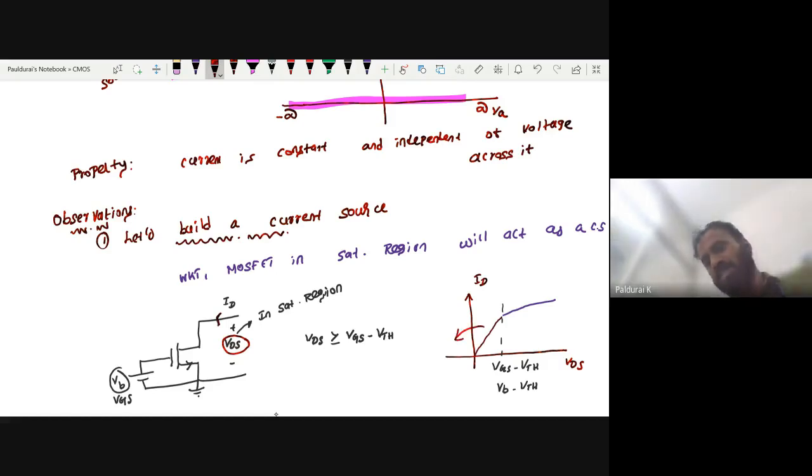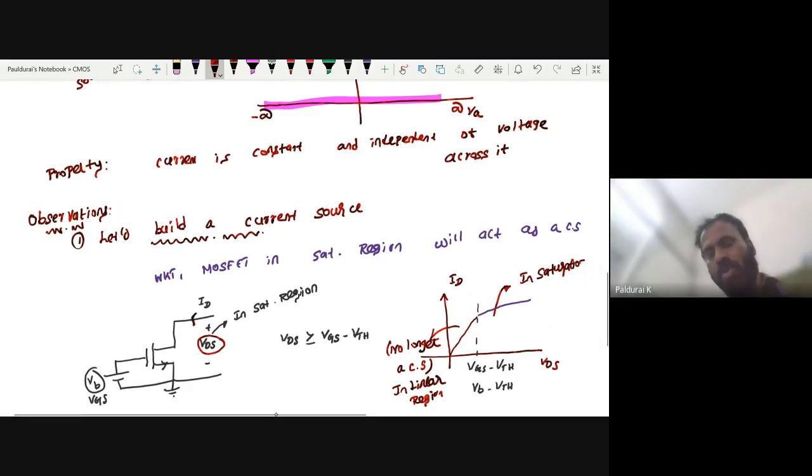So this is no longer a current source, right? No longer a current source in the linear region. Please make a note, it's very important. So in the saturation region alone, it is acting as a current source.